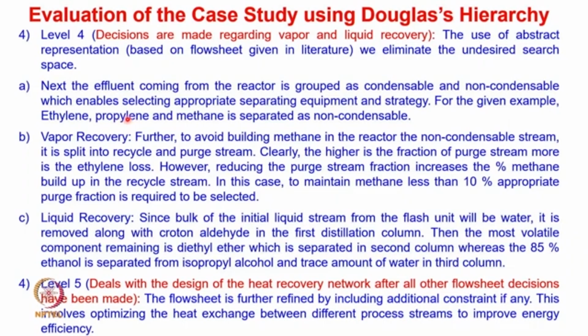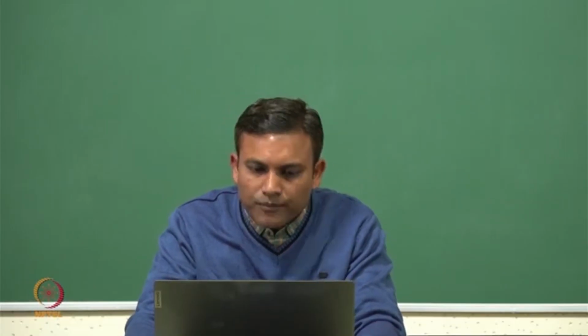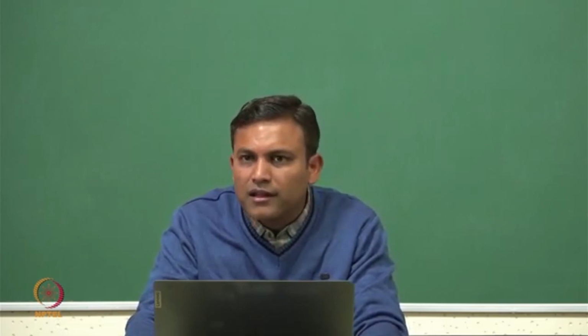So these have to be separated in the scrubber. In the scrubber, only the condensable gases like diethyl ether and ethyl alcohol will be taken out with the water, whereas the non-condensable gases like ethylene, propylene and methane will come out from the absorber.